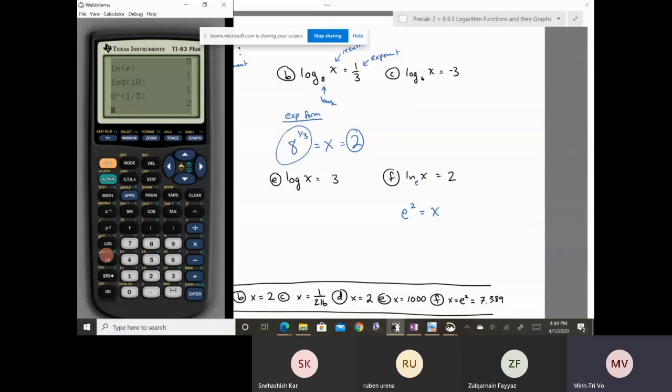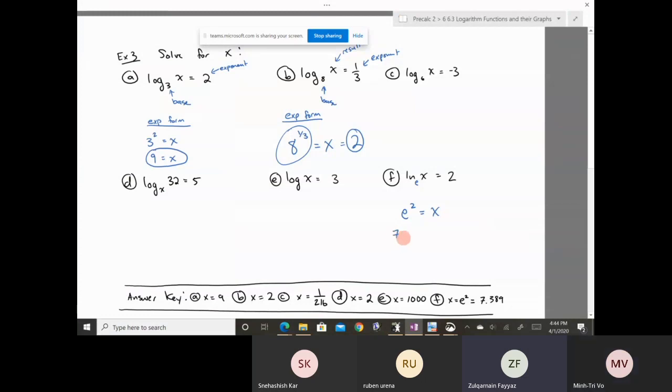So you can use the exponential function key here, e to the x. I just do e to the x, and then enter the power, which is the second power, and I get 7.389.